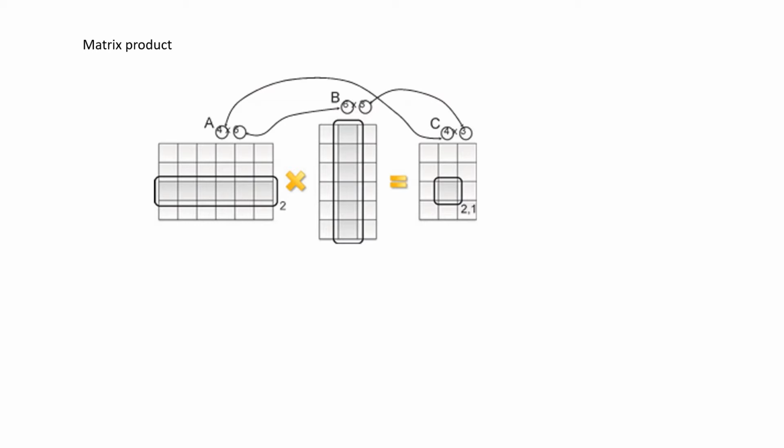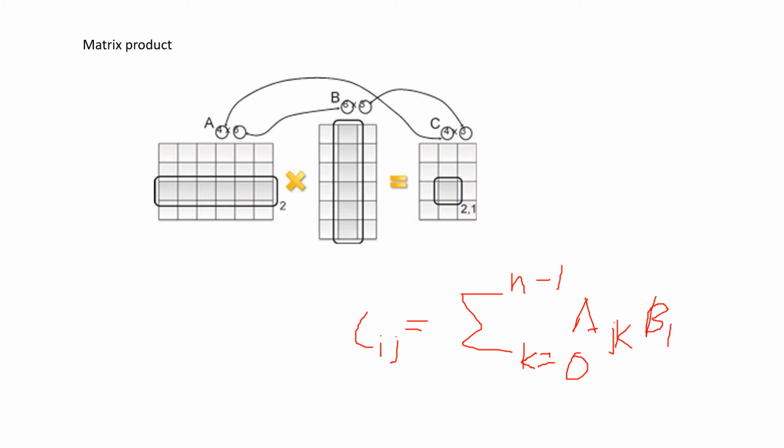And each element will be computed as per the equation. So Cij is equal to the summation from k equal to 0 to n minus 1 of Aik times Bkj.